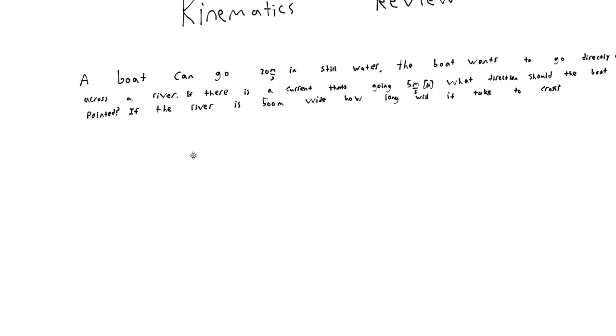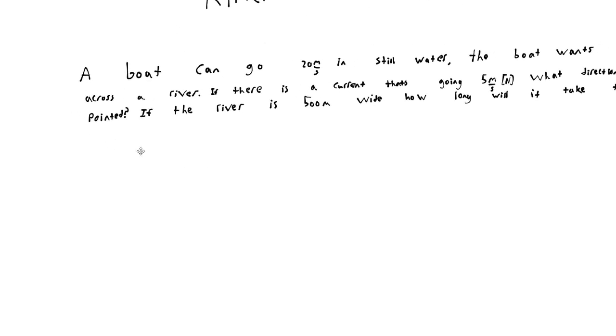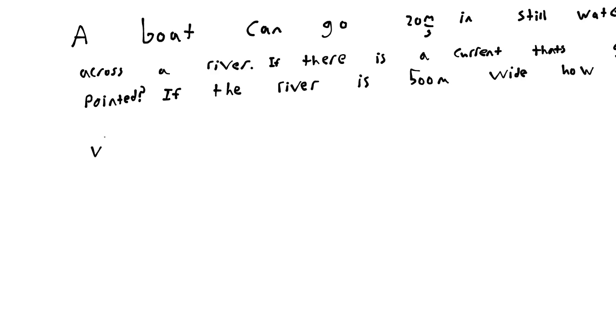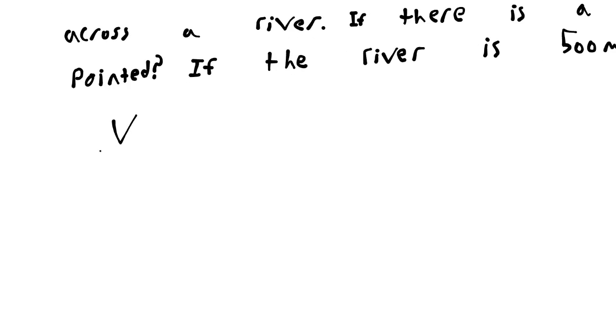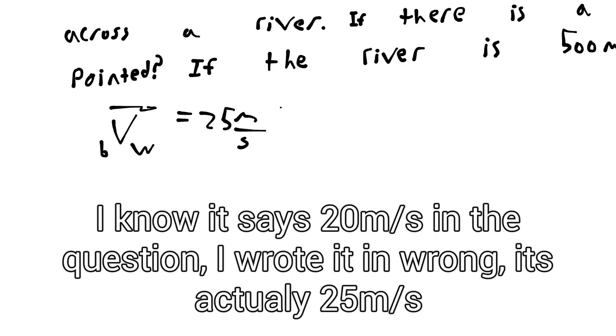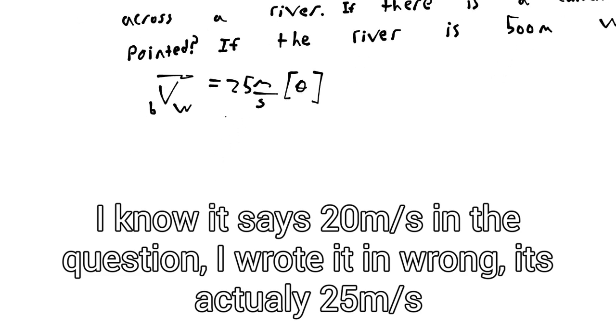So we're trying to find the direction of the boat, like what direction it's pointed in. So let's write all our variables in. So there is the velocity of the boat in water, which we already decided was 20 meters a second. But now we're trying to find the direction of that, right? So theta, that's what we're trying to find.